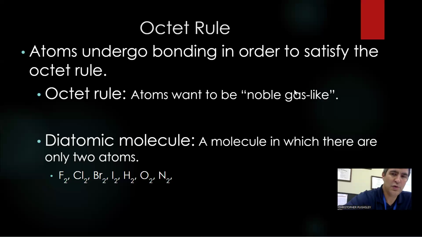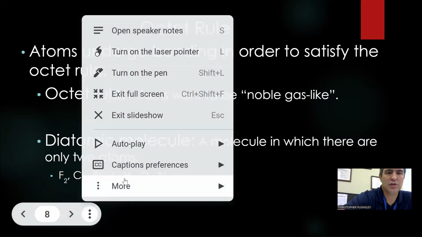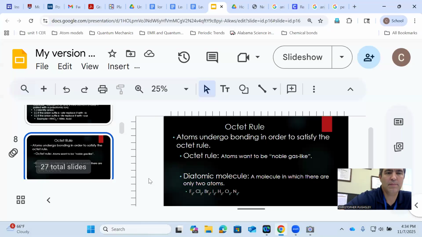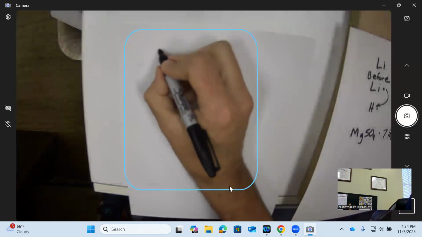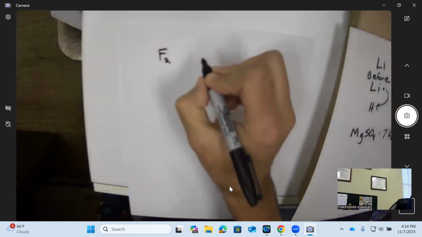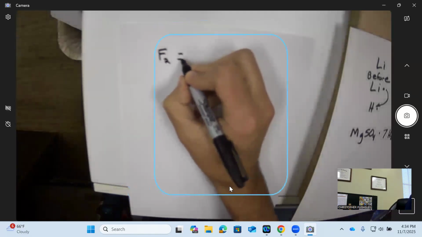What I was going to show you is how to do some of these Lewis dot structures, and why these are covalent compounds. So for instance, the diatomic molecule called F2.